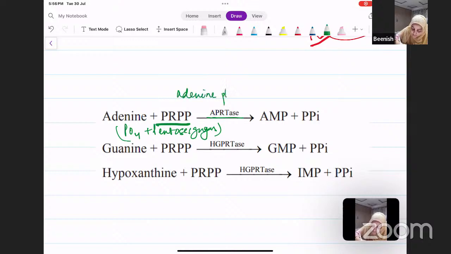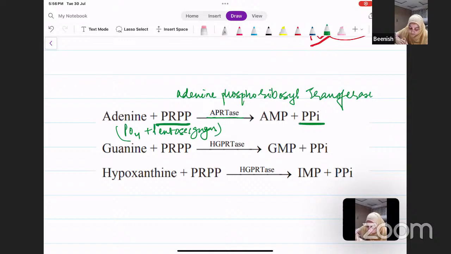It is called a transferase because the phosphate and ribose are being transferred, and a pyrophosphate is being released. When a phosphate and a ribose are transferred to this adenine, you end up with AMP.